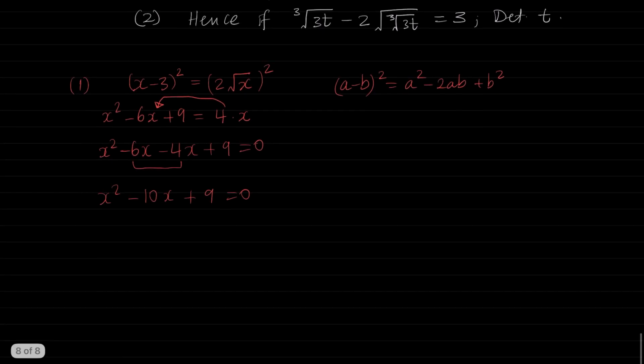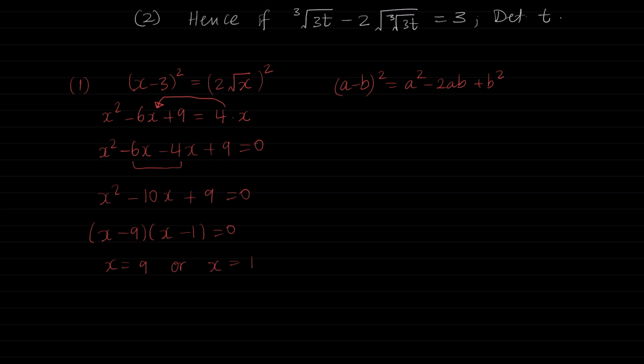Now we can factorize. So here we'll get x minus 9, and then x minus 1 equals 0. Now we can use the zero factor rule to solve. We will get x is equal to 9 or x equals 1.